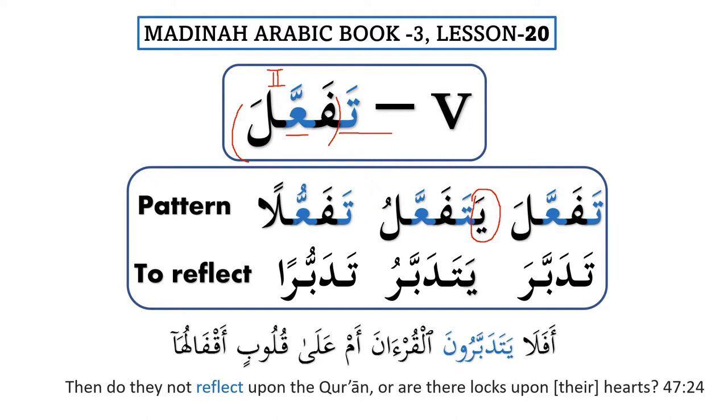Whereas normally, starting from form number 1 up to the forms that we have around 10 or 14, the mudari always takes fatha. However, we know that form number 2, which is fa'ala yufa'ilu, and form number 3, which is fa'ala yufa'ilu, and form number 4, which is af'ala yuf'ilu, the mudari takes dhamma. However, when we move on to form number 5, then mudari takes fatha, as we can see over here.